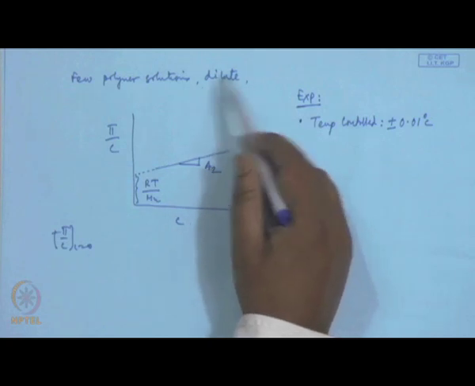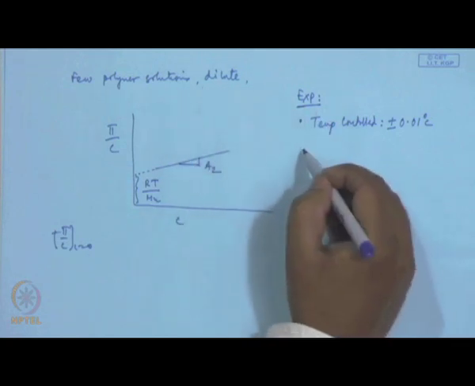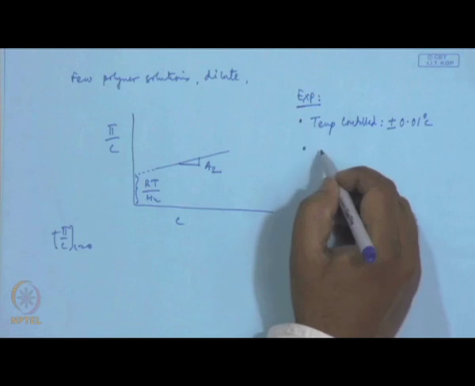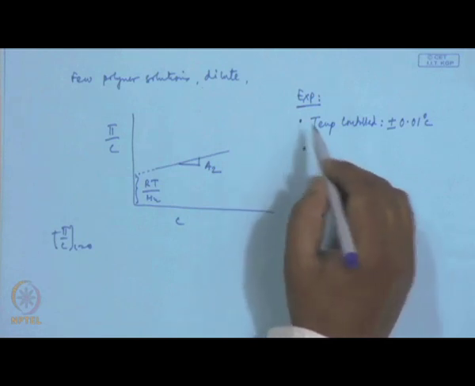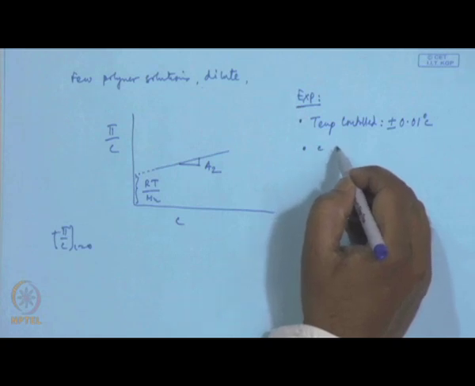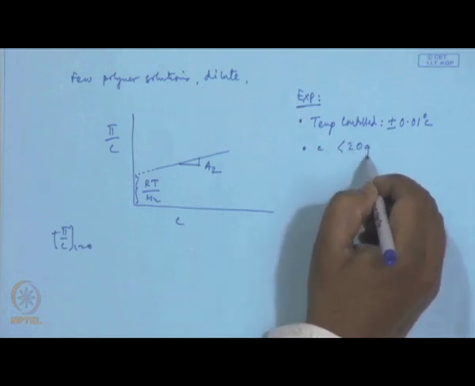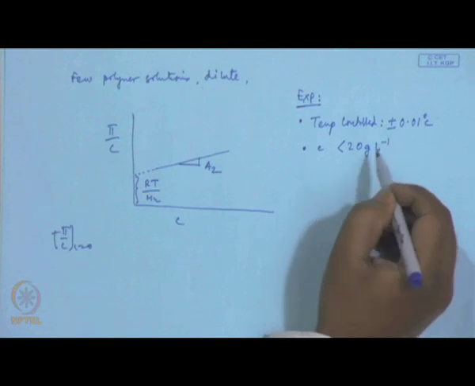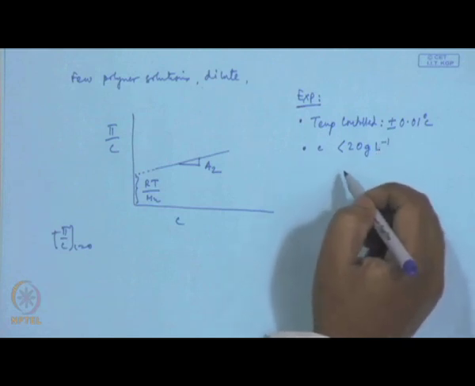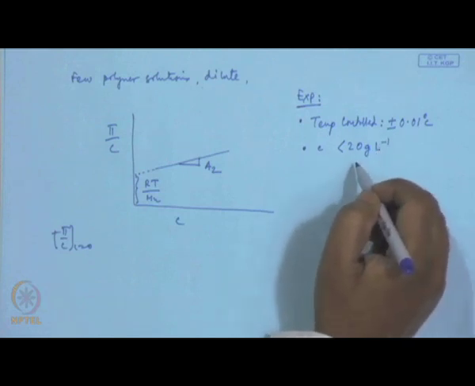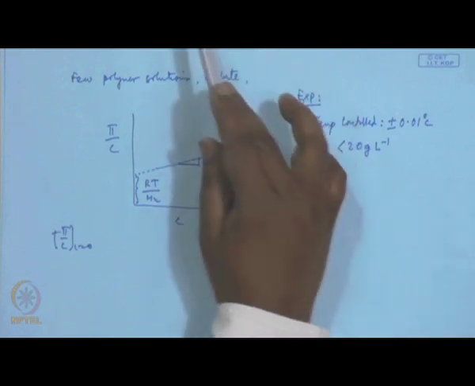We have to keep all these polymer solutions sufficiently dilute, so typically we make solutions having concentration less than 20 gram per liter, so that these equations are valid.